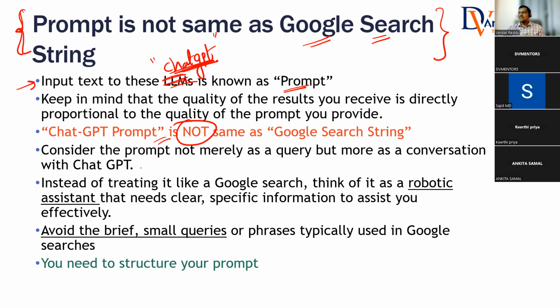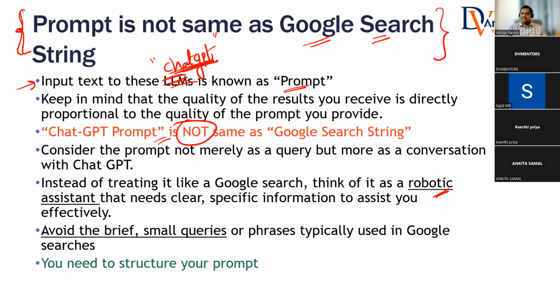Consider the prompt not merely as a query or a search string. You have to consider ChatGPT like a robotic assistant. For example, you are interacting with a robot. You have to give instructions very clearly, isn't it? Imagine the robot is just sitting outside. You cannot say, come inside.